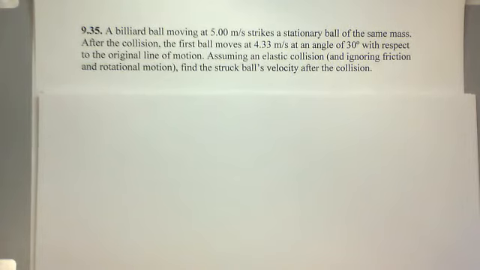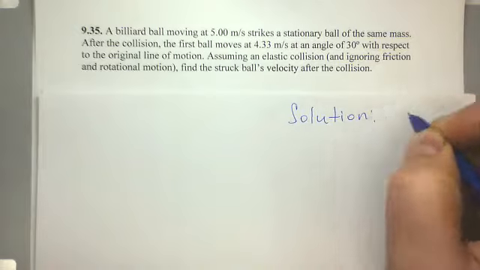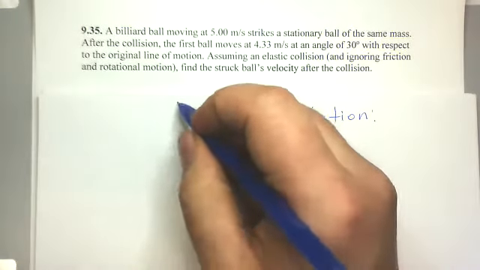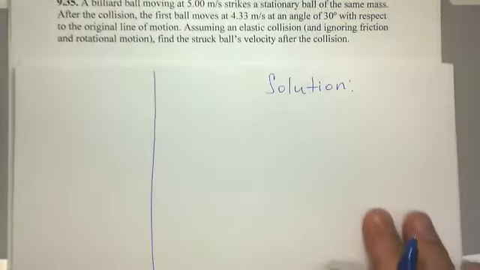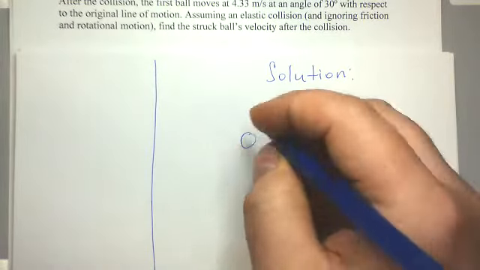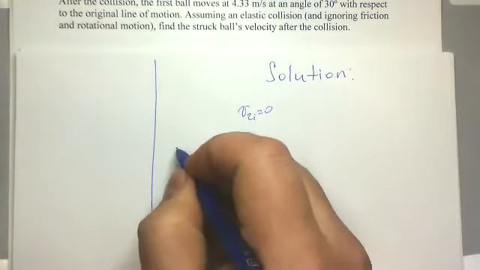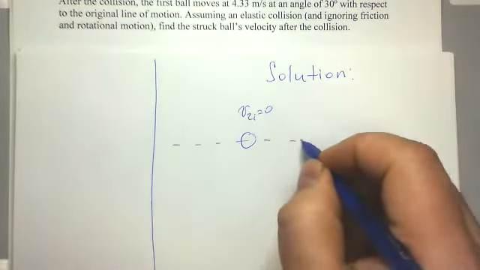Okay, so let's again draw a sketch at the beginning in order to understand what is happening. Initially, the second ball was at rest, so the initial speed of the second ball is 0. And there is a line of interaction.